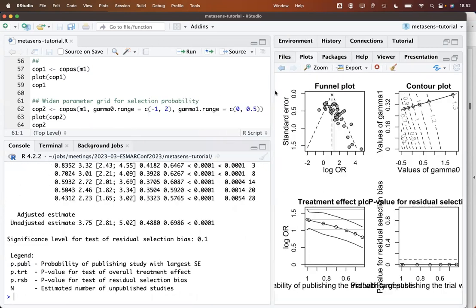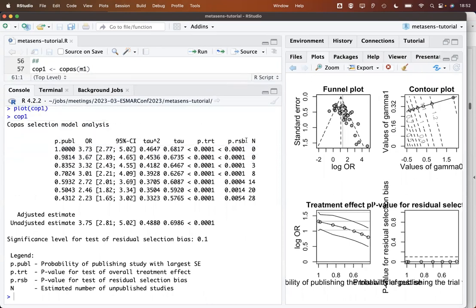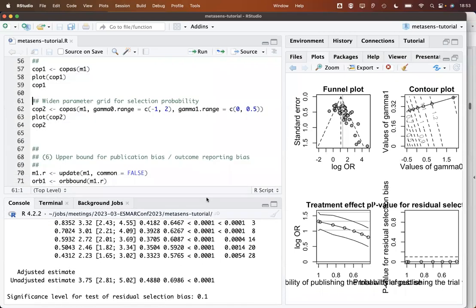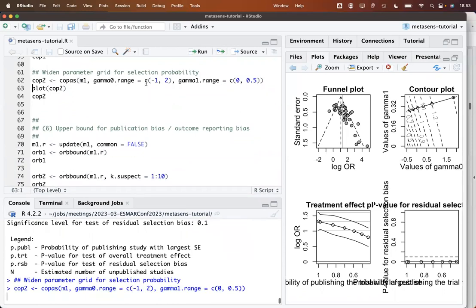Accordingly, if we look at the printout for this model, we see that we do not get an adjusted estimate, because if we go down this line, for all values that we get here, the test for residual selection bias is still significant. So what we can do is specify values for gamma naught and gamma 1.